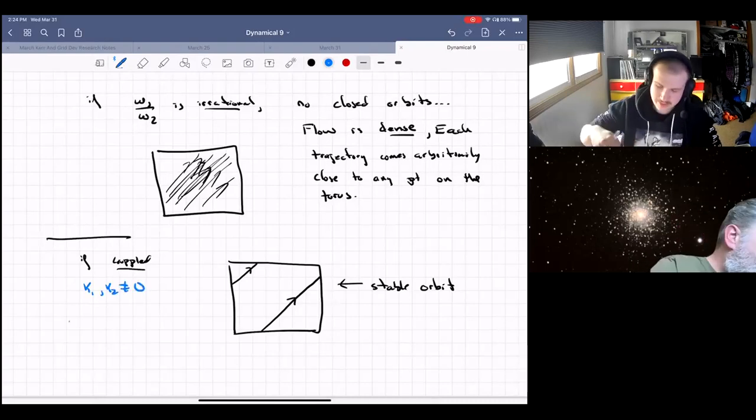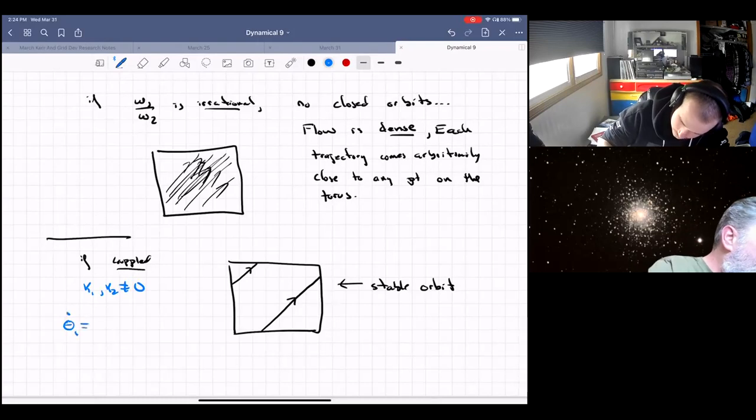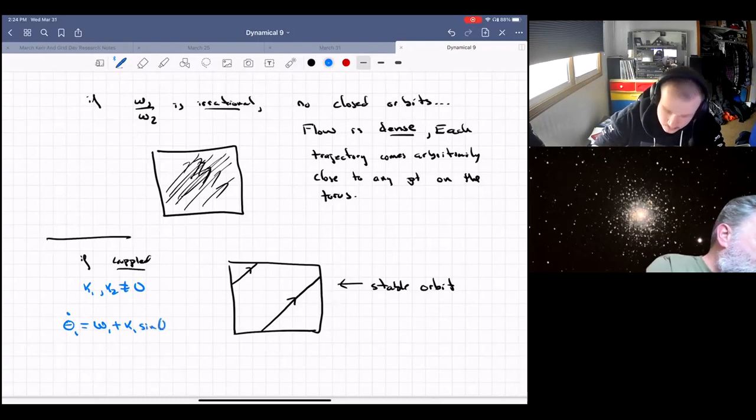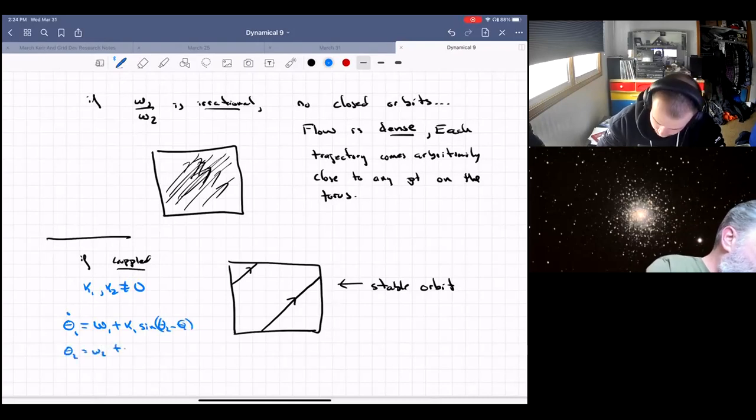So this is going back to theta 1 dot is equal to omega 1 plus K1 sine of theta 2 minus theta 1. So now we're not doing the simple case.